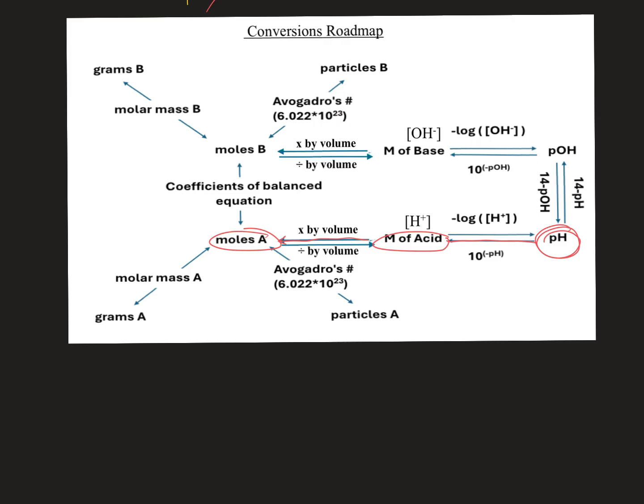Should we do one more or kind of put it all together? Last one. You guys do titration in the lab yet? Okay, so that's basically what we're doing here.